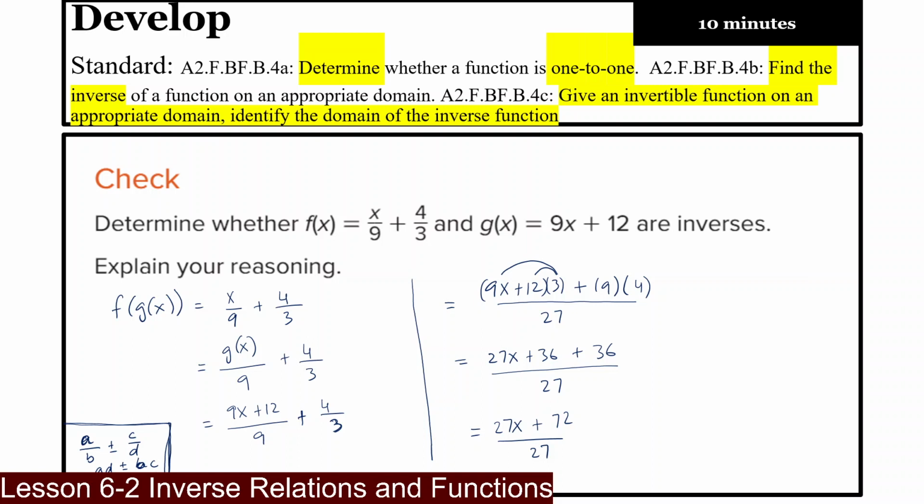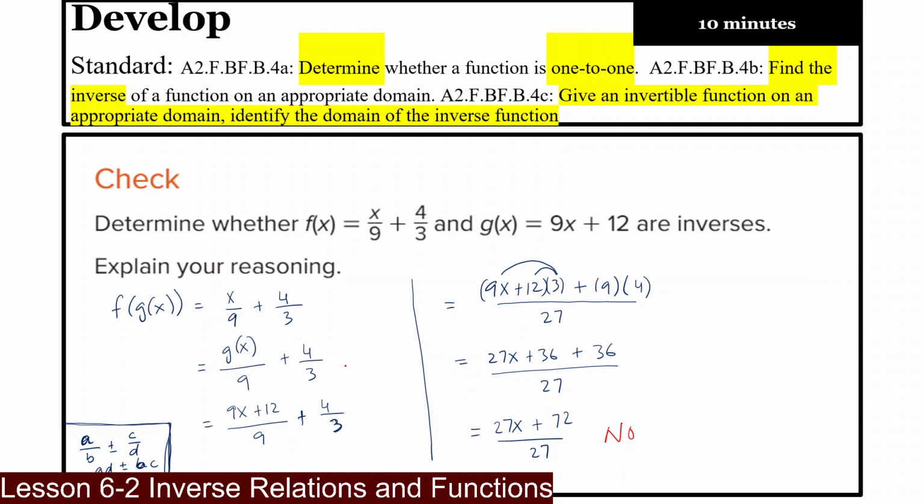So I can say that this is not an inverse because our answer is not equal to x. Right? So we can do the other side to make sure that it is inverse.